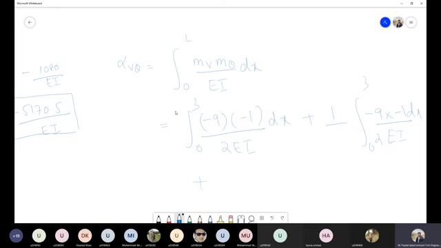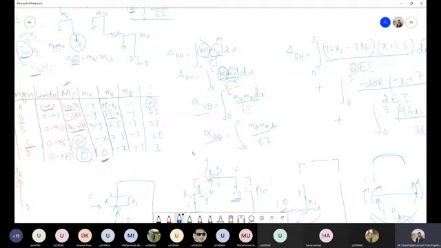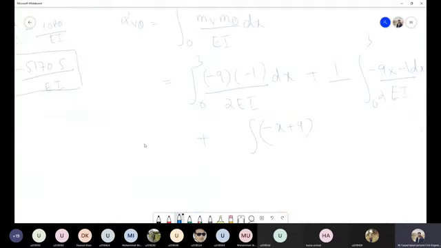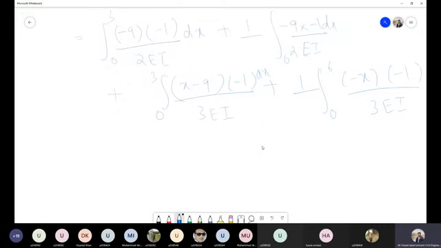For section 3, we have x3 minus 9 into minus 1, the limits are 0 to 3, and the factor is 3EI. And for the fourth one, it would be 0 to 6, minus x into minus 1, and this factor is 3EI into dx. And for the fifth one, MV is 0, so I'm not writing it over here.